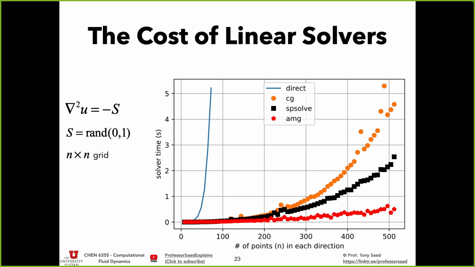On the y-axis is how much time it took to achieve the solution. The blue line represents using A inverse. The other lines are so-called iterative solvers or faster methods. And look at the difference. On the x-axis, I'm showing the number of points in each direction. Once I hit 32 or 64 squared, I couldn't solve the problem anymore.